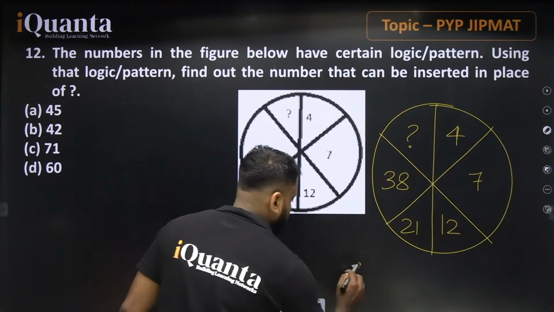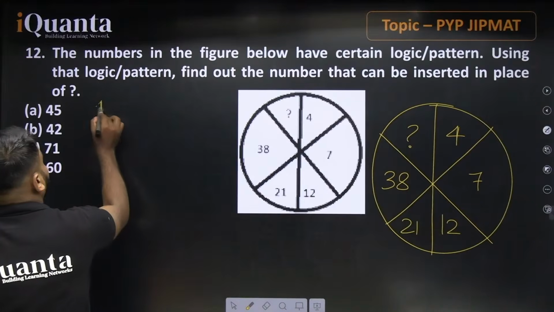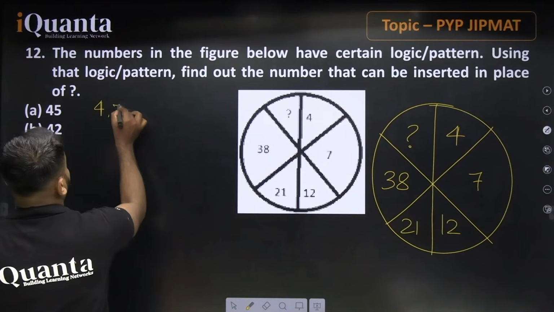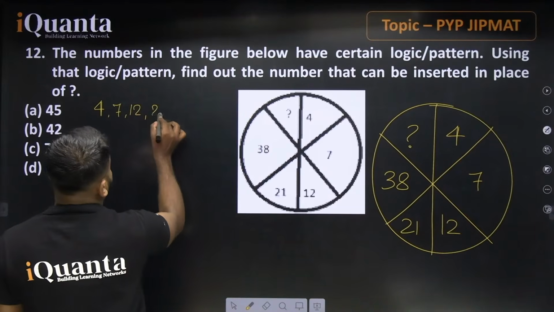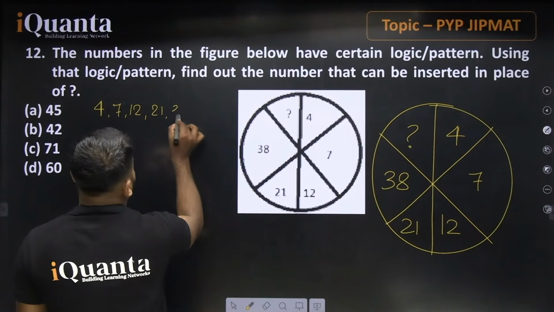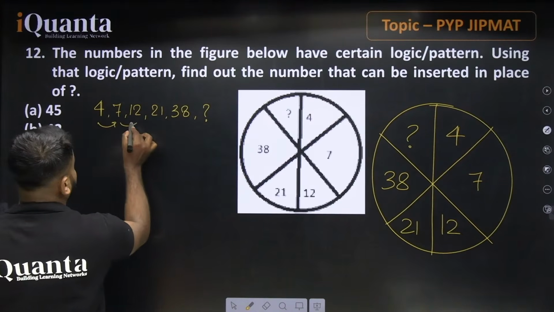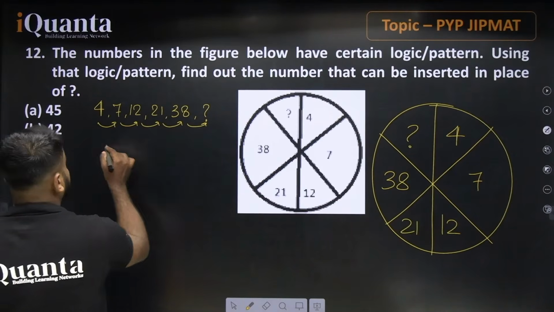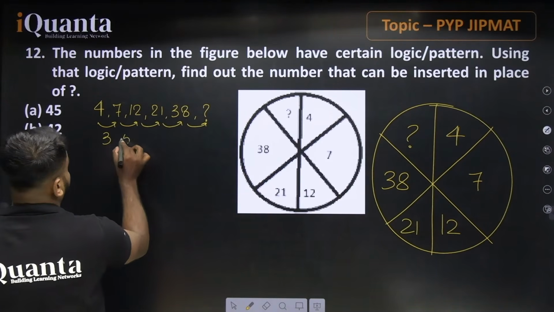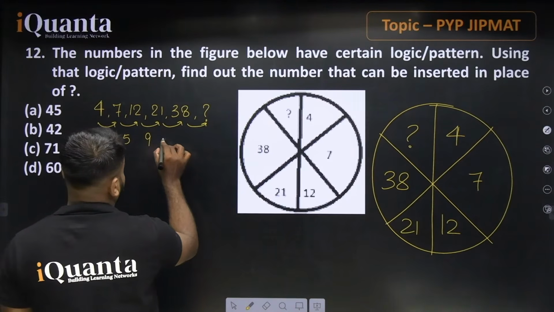See, 4, then we have 7, then 12, then 21, then 38, and then we have the missing value. Remember, when you go like this, what is the difference which we are facing here? The difference is 3, then here we have 5, here 9, and here 17, right?